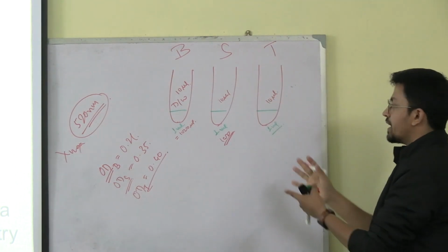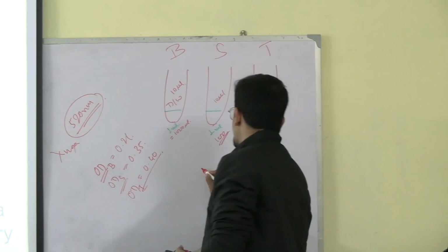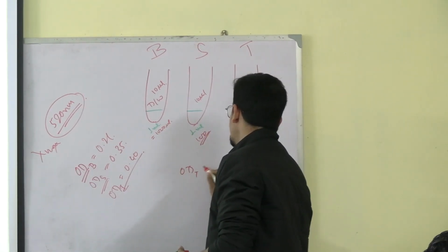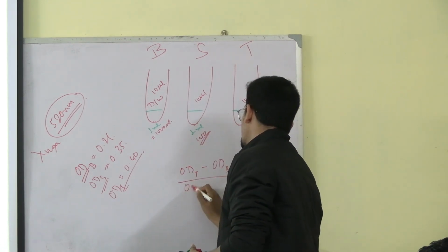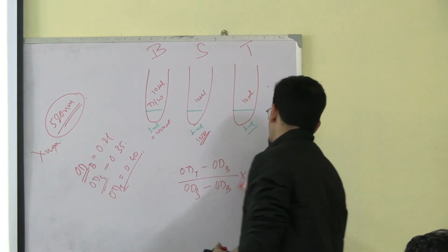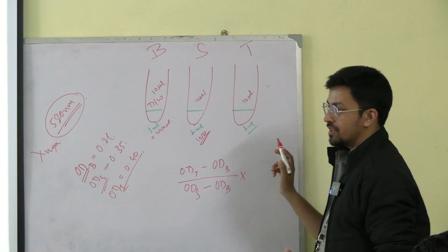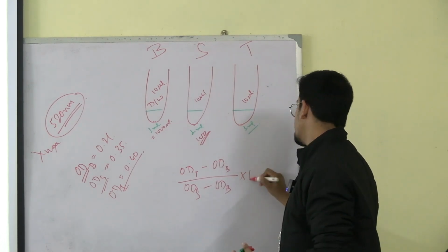Now from there we have to calculate the glucose level. How to calculate? First of all it is ODT minus ODB divided by ODS minus OD blank, into the standard concentration. The standard concentration is how much? 100.